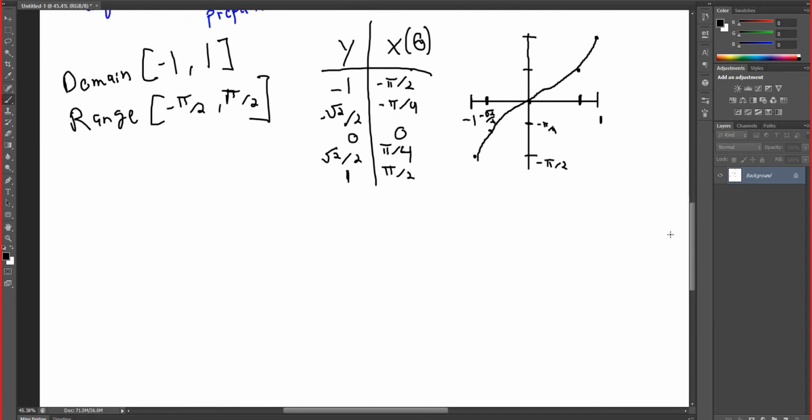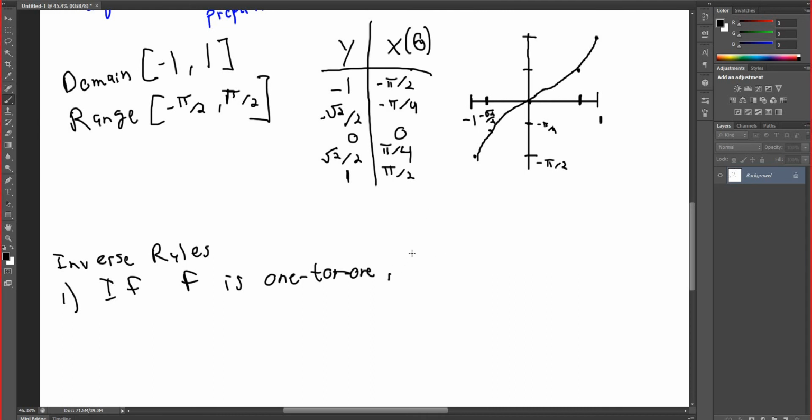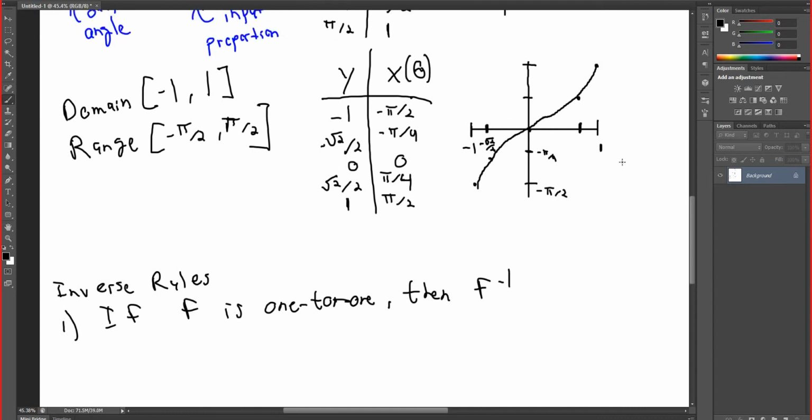So just to recall our actual inverse rules. So if f is 1 to 1, then there is an inverse function. So we don't have inverses unless it's 1 to 1.